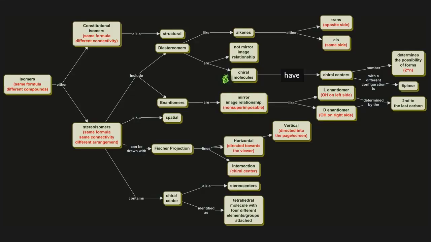Diastereomers are chiral molecules. They are called chiral molecules because they have chiral centers. Their chiral centers will determine the number of possible forms that can be made from the diastereomer molecule. This is based on the formula 2 raised to the power of n, where n is the number of chiral centers.